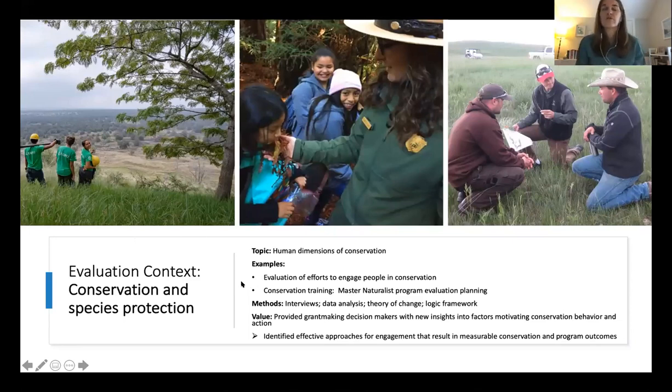One was again for NFWF, where we were looking at questions NFWF had about how it engages people in conservation, and that was a project I conducted with a small team last year for them, looking across the entire range of grant making, across the entire foundation, around some specific questions they had about people and engaging people and communities.